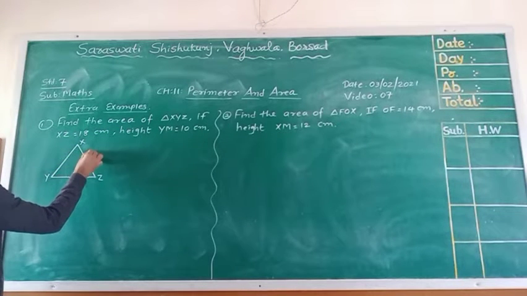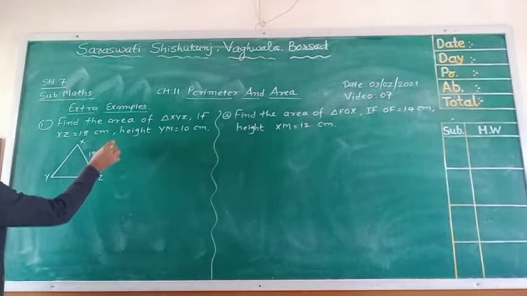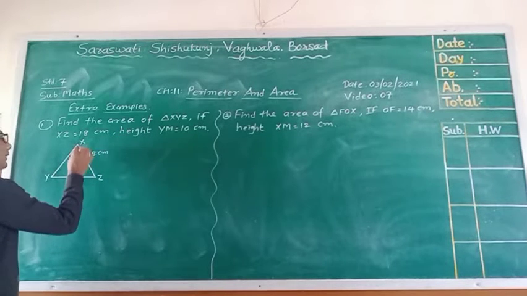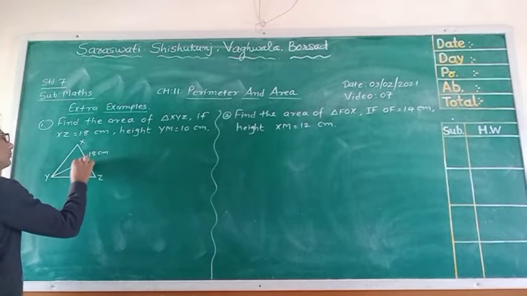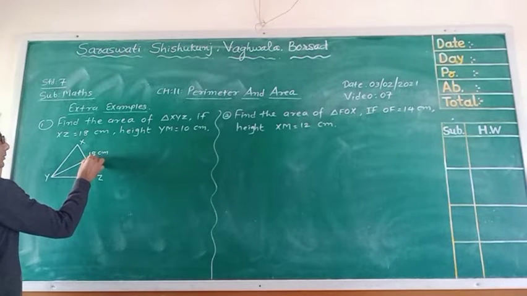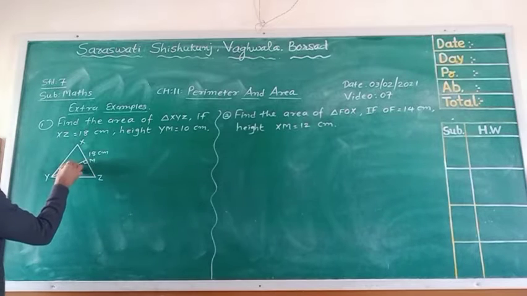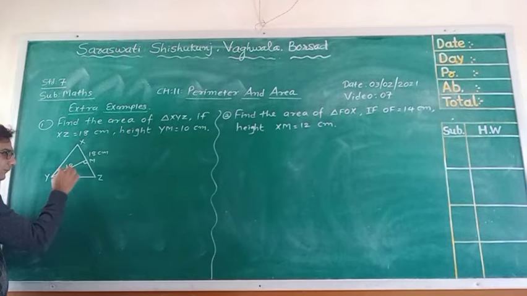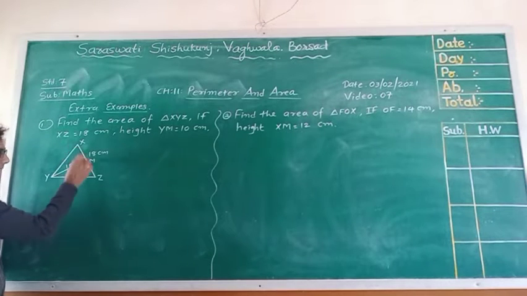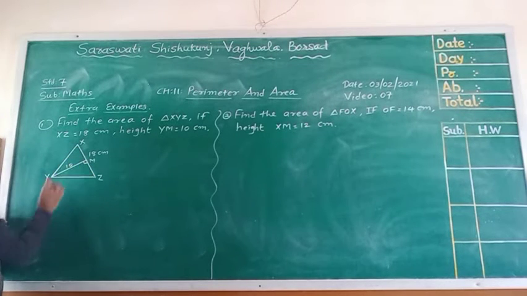This XZ is 18 cm and the height is YM, so we have to draw the altitude on the corresponding side. This YM is 10 cm. This is the base and this is the height. So the base is 18 cm and the altitude is 10 cm. We have to find this area.